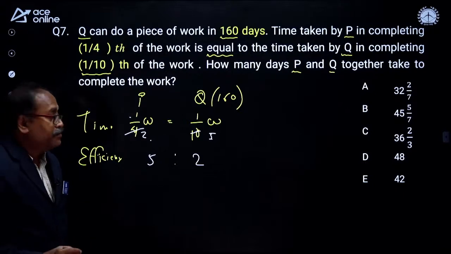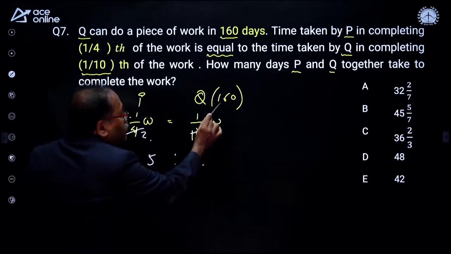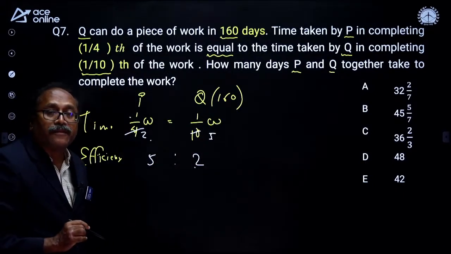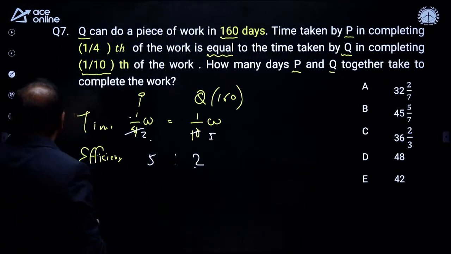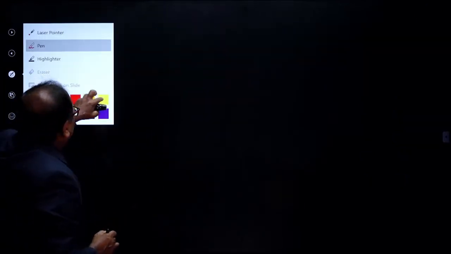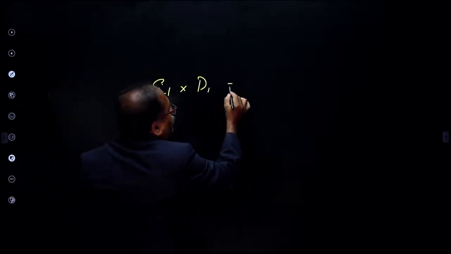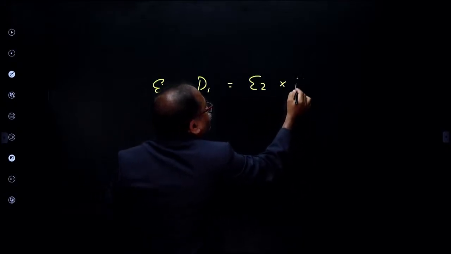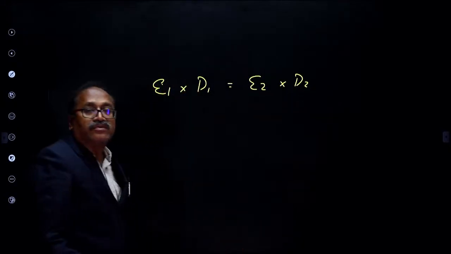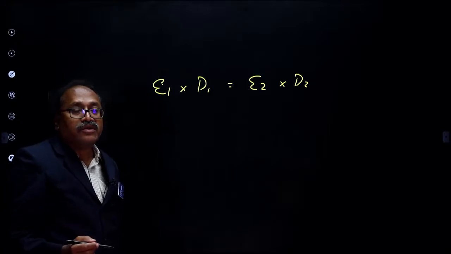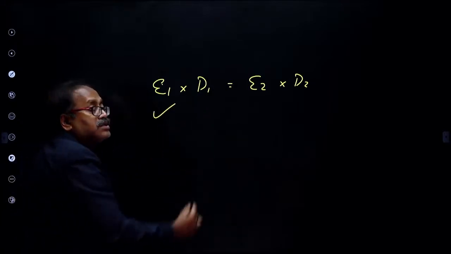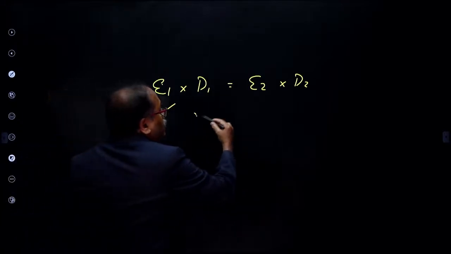And I know that when the efficiency is 2, the number of days is 160. So we are understanding one formula is there with us, that is efficiency 1 into days 1 is equal to efficiency 2 into days 2. In one case we know the efficiency and also the days.